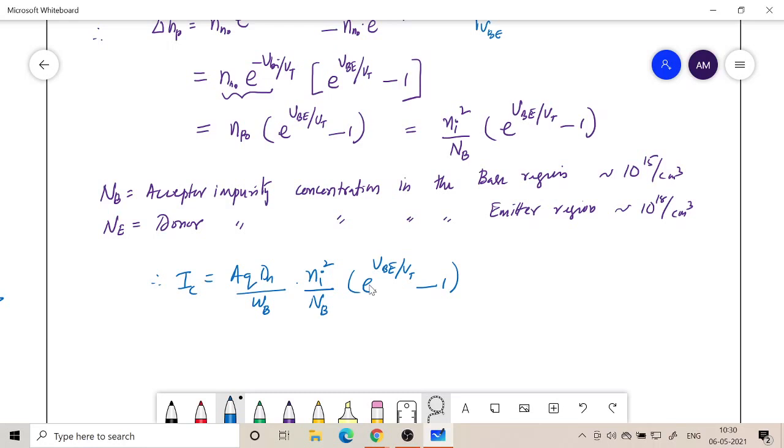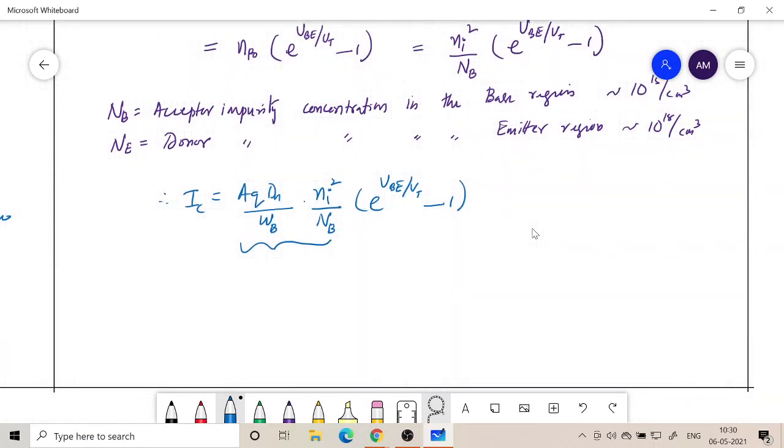Okay, now all these are basically constants, right? Ni square, where Ni is the intrinsic carrier concentration of the charge carriers when the material is intrinsic. For example, for silicon at T equal to 300 Kelvin, the Ni value is 1.5 into 10 raised to 10 per centimeter cube.